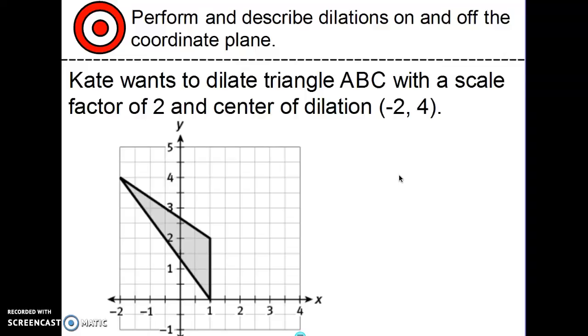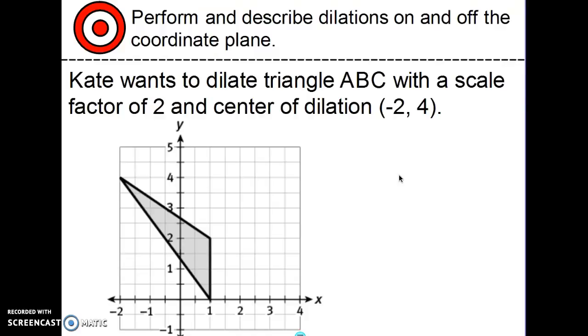But I want to run an idea by you. Because it's very easy to dilate whenever we're just at the origin, we just have to multiply by 2, what if we moved the center of dilation so that it was at the origin? What would that look like? Well, it would basically be a translation, right?